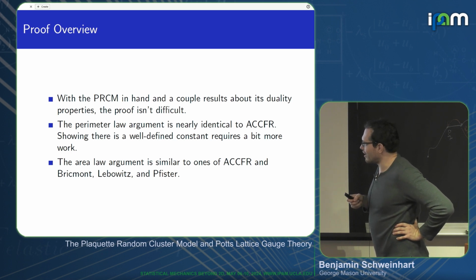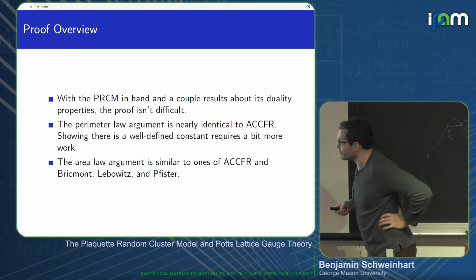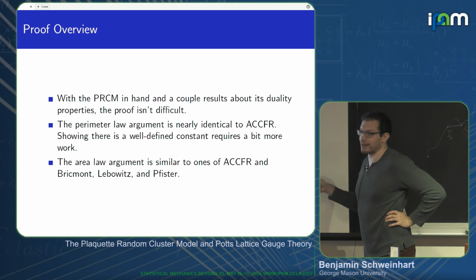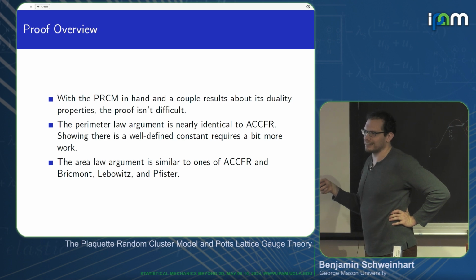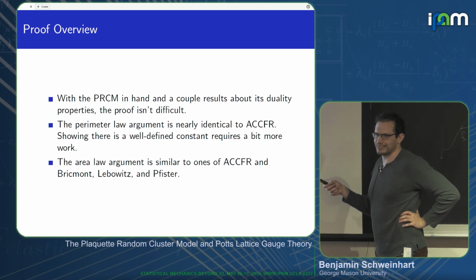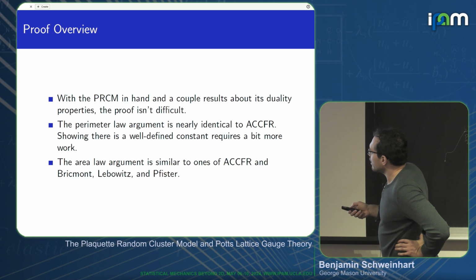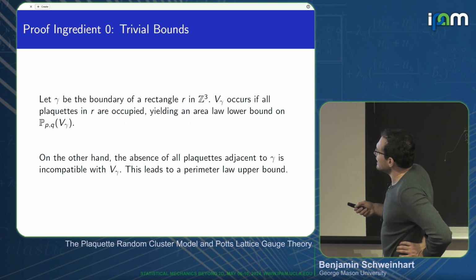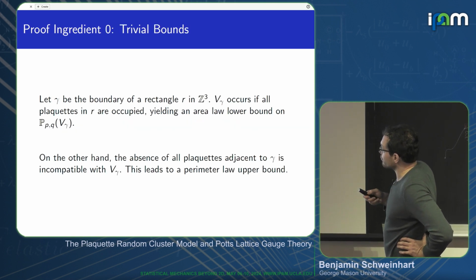And then the area law argument is similar to that of Bricmont, Lebowitz, and Pfister, though we work with the plaquette random cluster model instead because you can't do the same spin flip trick that worked for the Ising model on Z3. So first of all, the trivial bounds.